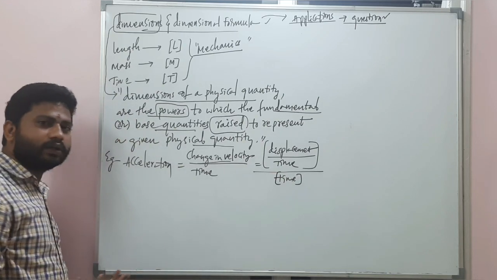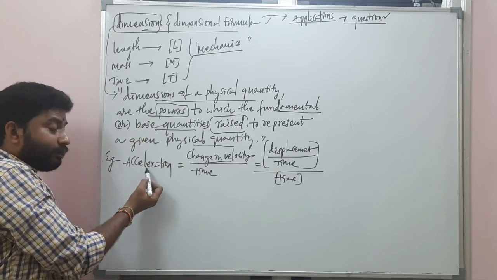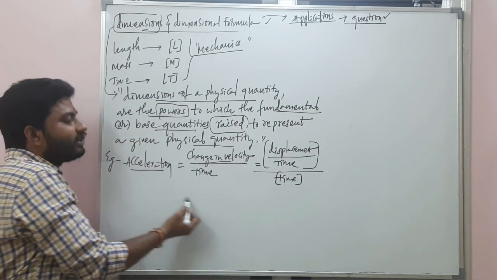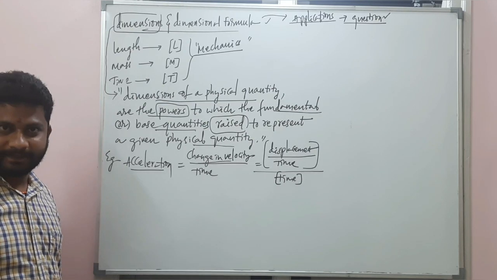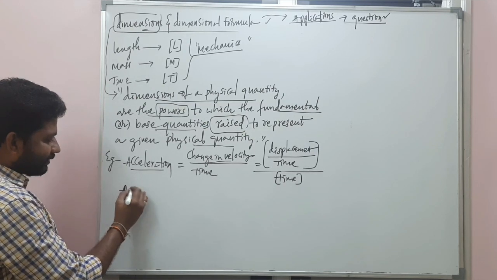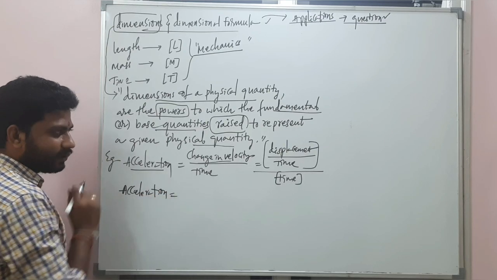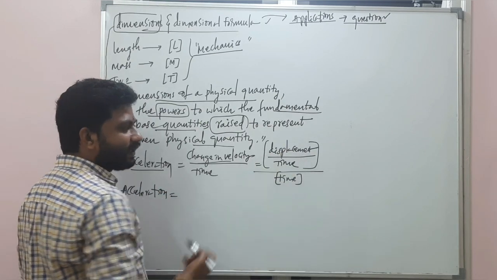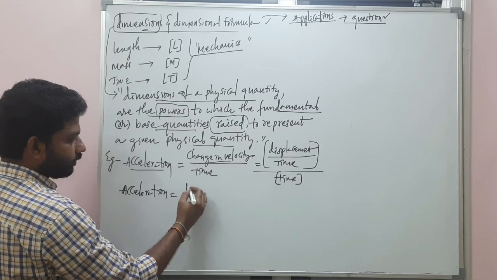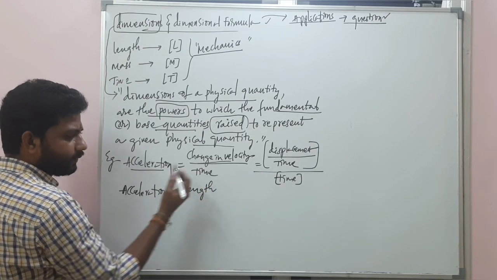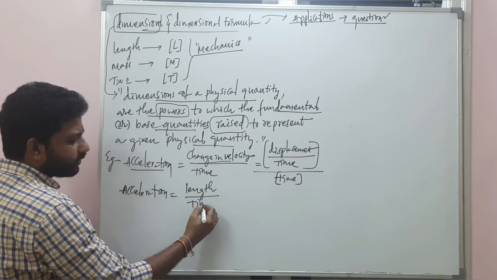What I am doing here is representing acceleration in terms of the fundamental physical quantities. Acceleration is equal to displacement, which I can write as length, because displacement is a length, divided by time.